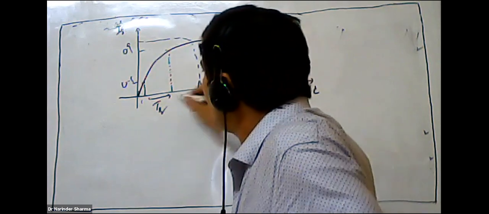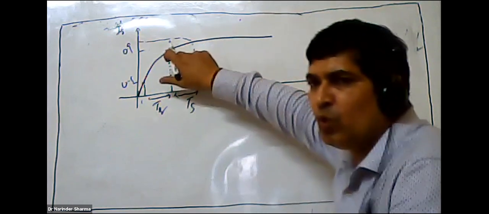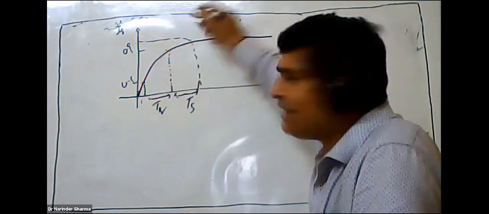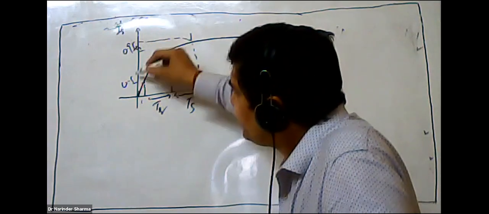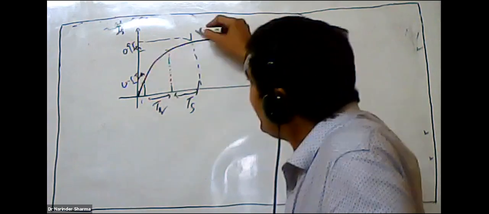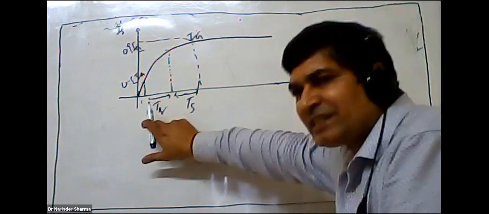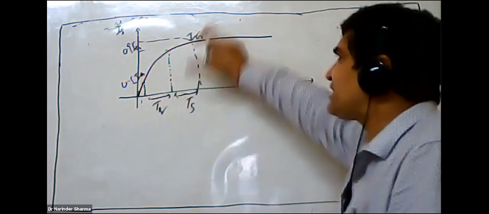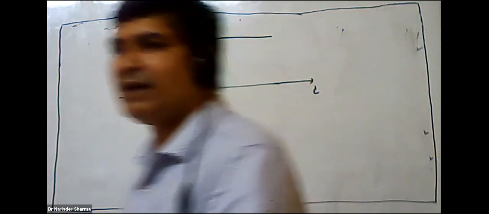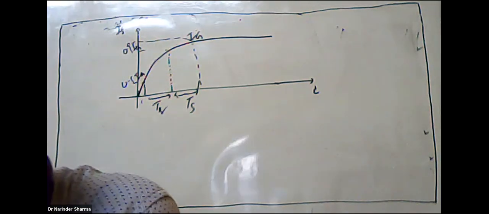This is the spread time, the time required to reach from 90% to 100%. This is IG, and this is 0.1 IG. So I repeat: 10% to 90% is the rise time, and 90% to 100% is the spread time.